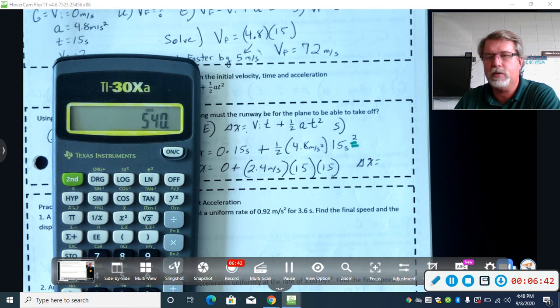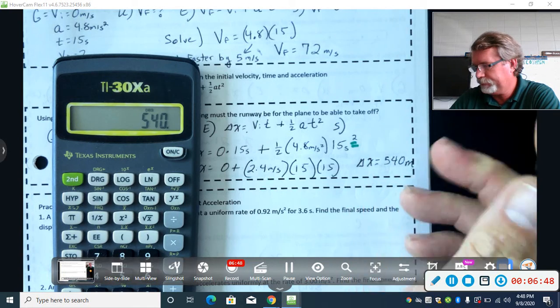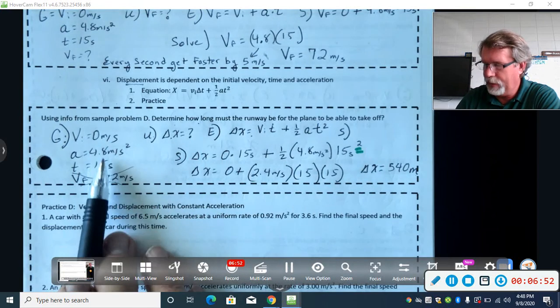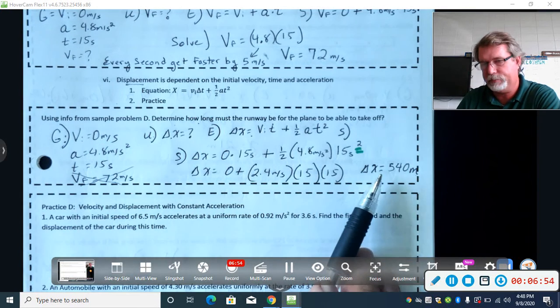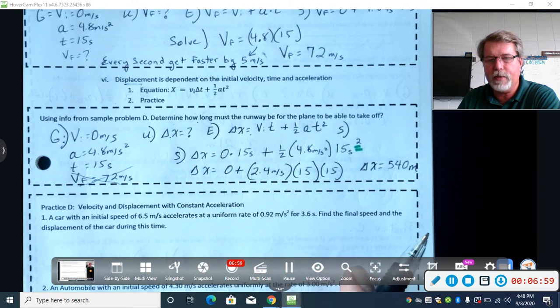Obviously you can use the square function if you'd like to. We get 540 meters. And we check our significant figures. The question had 2 significant figures. Our response has 2 significant figures. So we're good to go on that one as well.